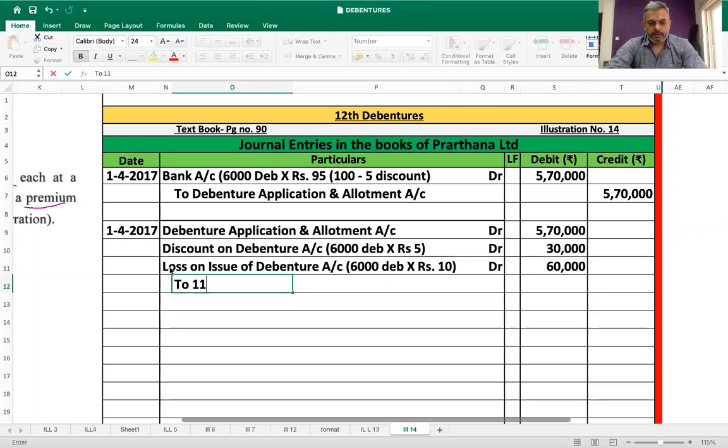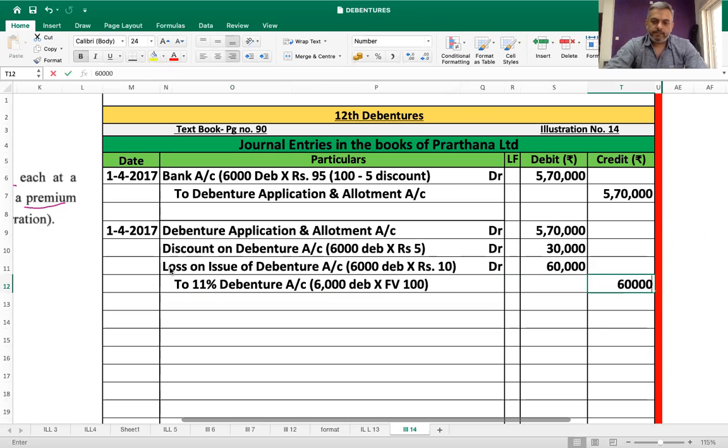To 11% debenture account. I'll write in bracket 6,000 debentures into face value. Always with the face value, 6 lakh.